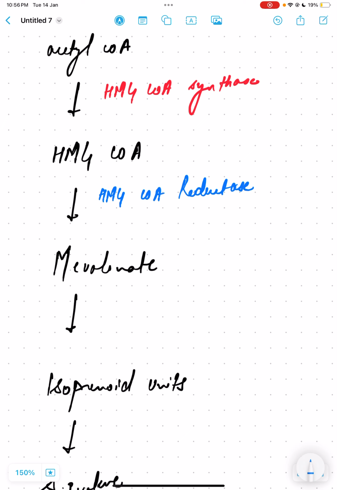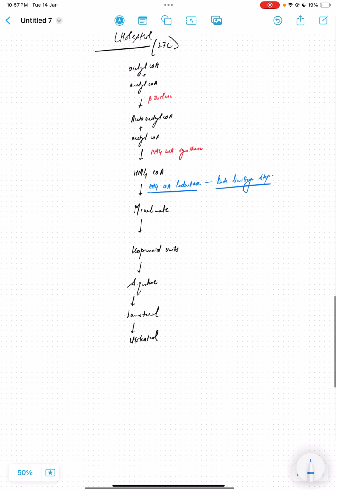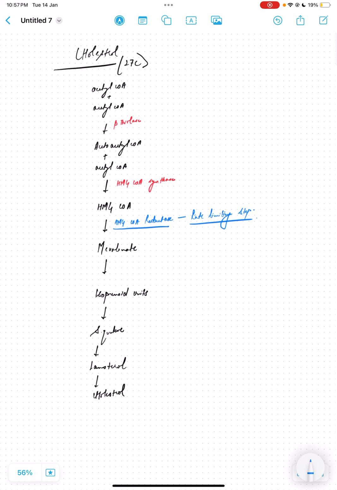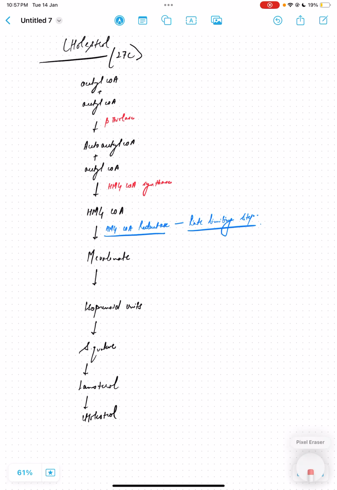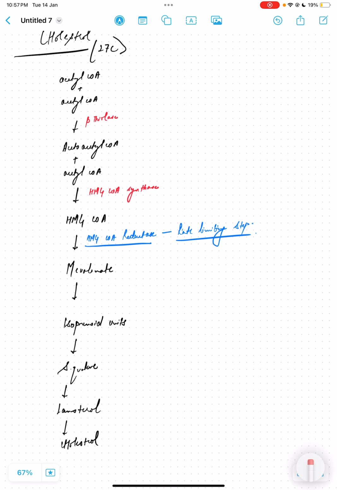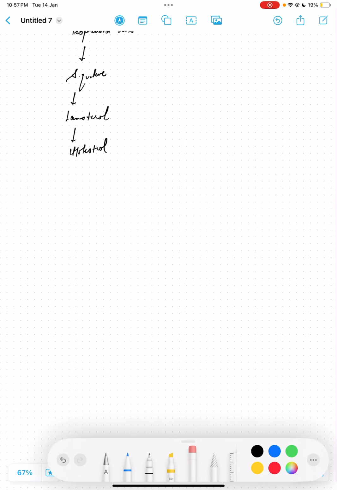So this HMG coenzyme A reductase will be the rate limiting step for the cholesterol, while in the case of ketone bodies, the rate limiting step was HMG coenzyme A synthase. Okay, so basically this HMG coenzyme A will form our ketone bodies, it will form our cholesterol, and it will form the leucine compounds.